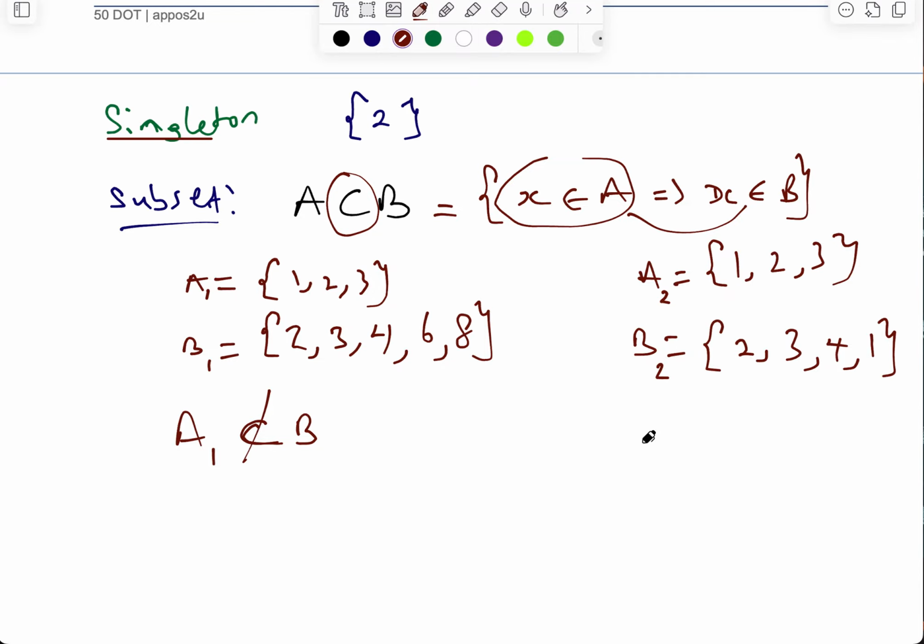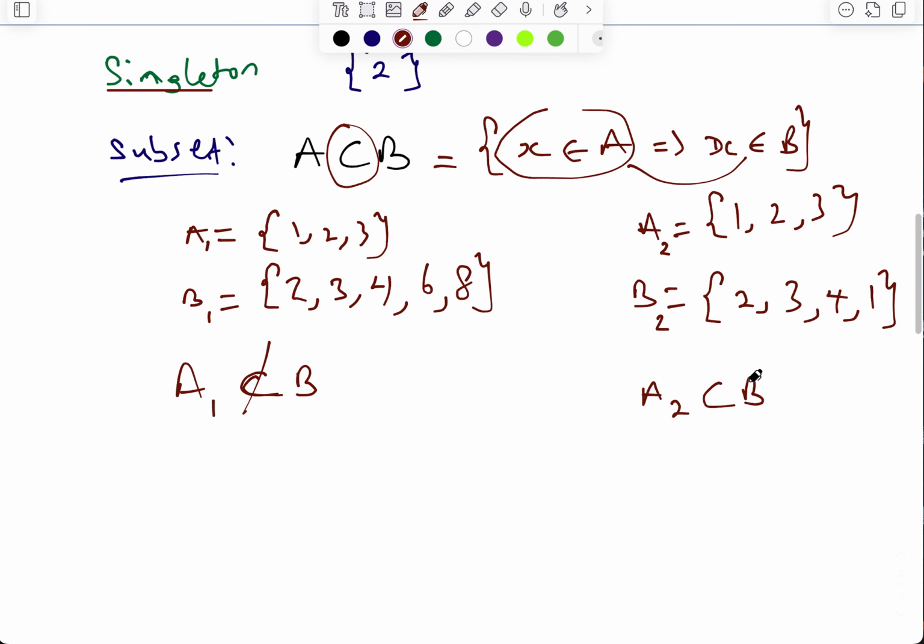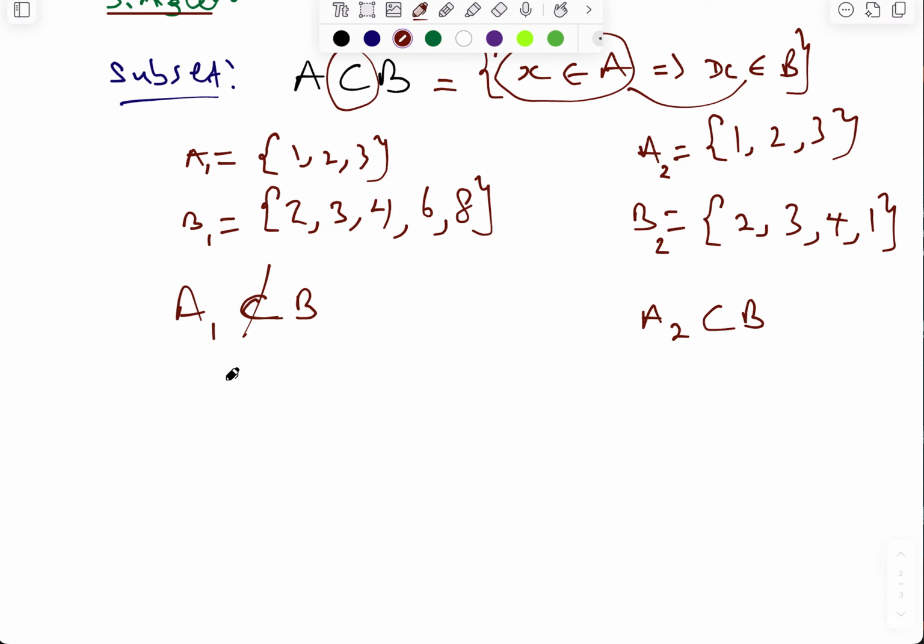You can see in A2 now, A2 is actually a subset of B because you can find 1 here, you can find 1 here, you can find 2 here, you can find 2 here, you can find 3 here, you can find 3 here. So that is a subset of that. Now, there's something we call improper subset. If A is a subset of B, and at the same time B is a subset of A, the implication is that A and B must be the same.